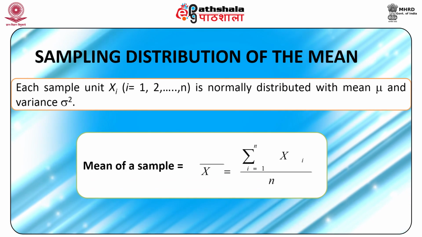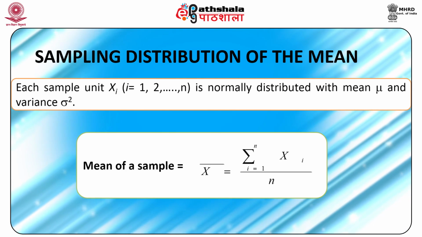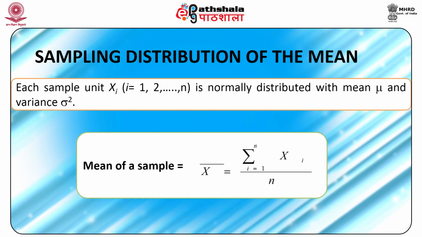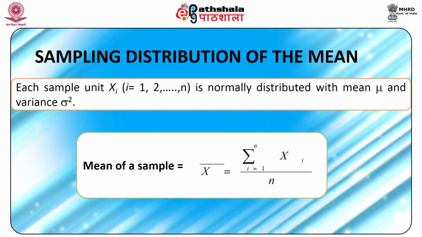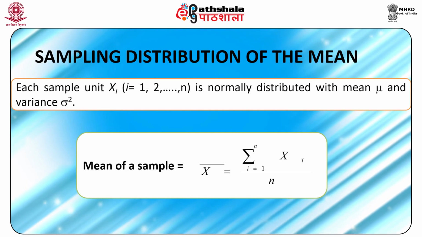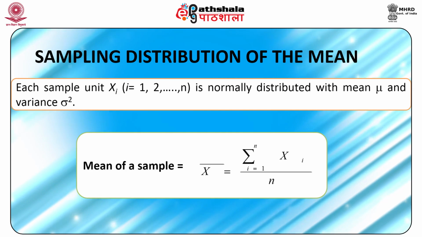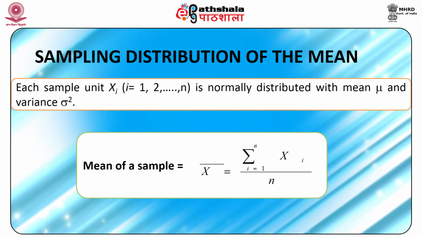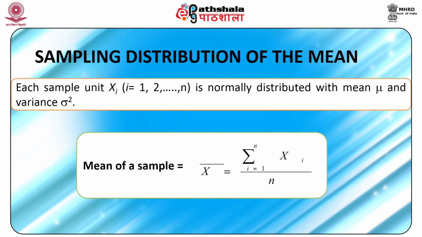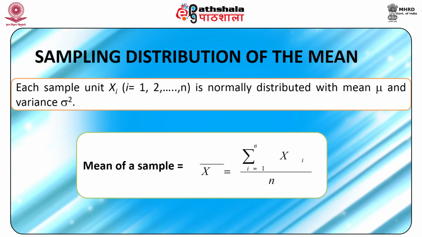What is true for one sample is equally true for all possible samples, because each sample has the same probability of being selected. The mean of a sample is defined as x bar, which is equal to the sum of Xi, i from 1 to small n, divided by n.